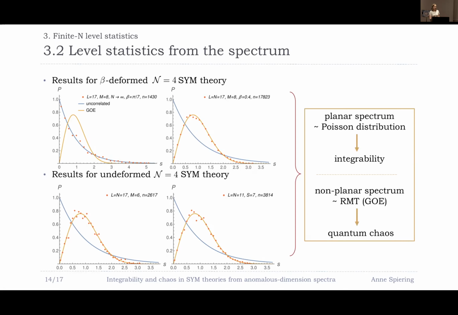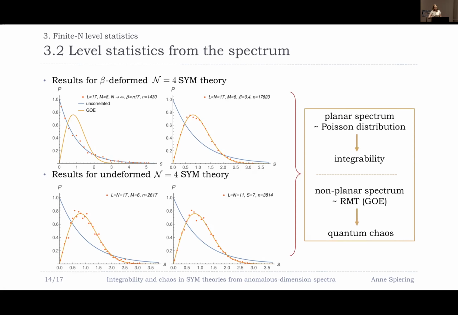The integrability is manifested in the spectrum. And at finite n, we lose integrability, but still there is some structure. And we can describe the spectrum by random matrix theory, in particular this Gaussian orthogonal ensemble. And so these are the results from a statistical analysis of the spectrum.